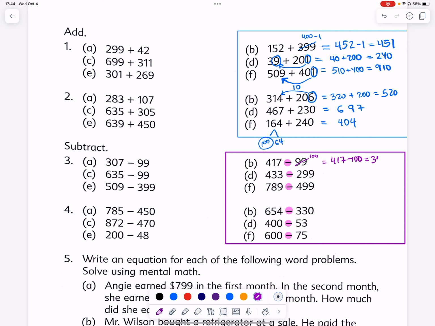It's 317, but we subtracted 1 extra. We only needed to subtract 99. We subtracted 100. We got to put that 1 back. 318.